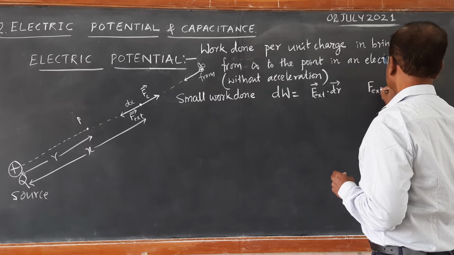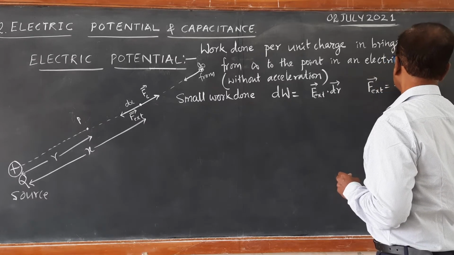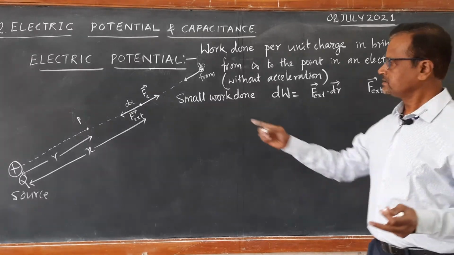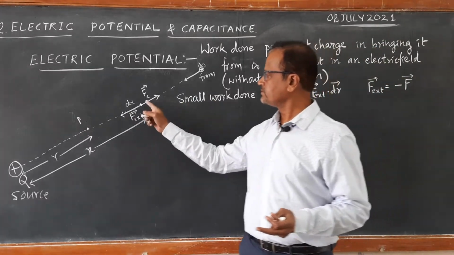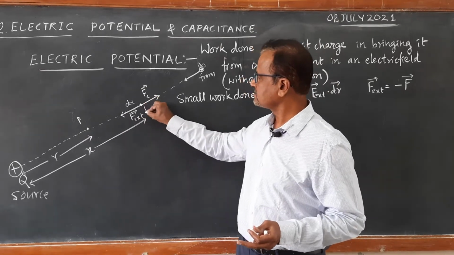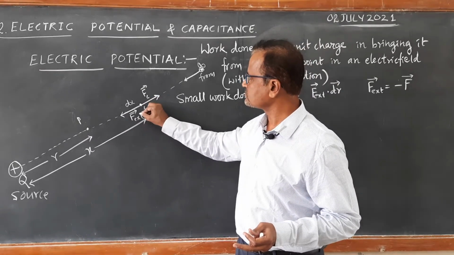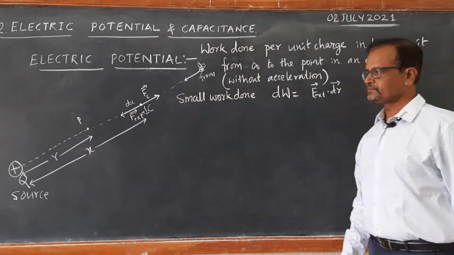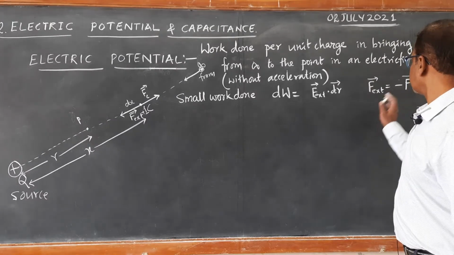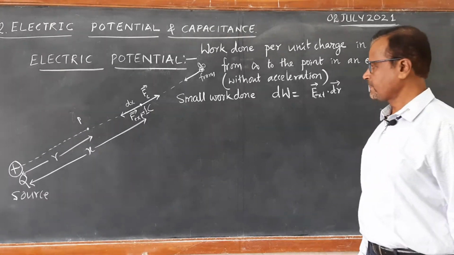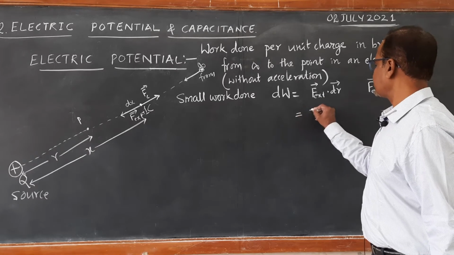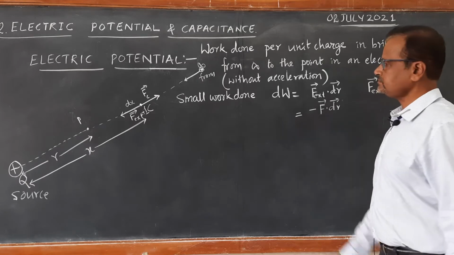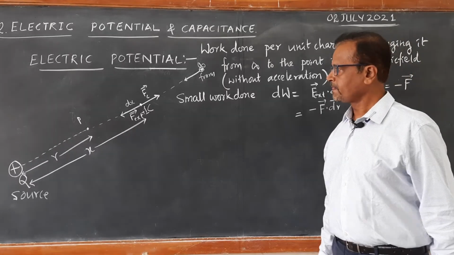F external is equal to minus of F electrostatic, that is the F electrostatic existing between the 1 coulomb of charge, here I am taking 1 coulomb of positive charge, and the source charge Q. So that force is the electrostatic force F, so that here it becomes minus F dot dr.